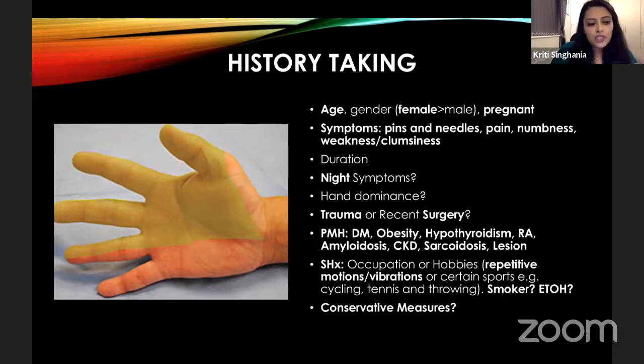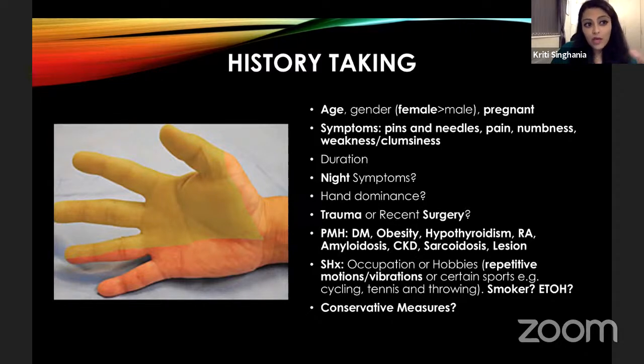Some of the past medical history that's quite important includes risk factors that increase your chance of developing carpal tunnel. These include patients who are diabetic, obese, hypothyroid, or who suffer with rheumatoid arthritis, amyloidosis, sarcoidosis or CKD. A lot of these are inflammatory conditions or conditions that increase edema, and that's why you get compression of the nerve.